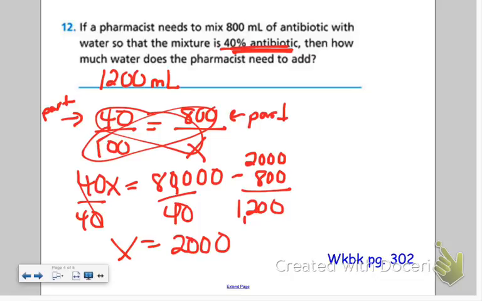Another way you could look at it is, if it's 40% antibiotic, then it must be 60% water. So maybe I'll put the 60 over 100, because 60 plus 40 gives you a total 100. 60% must be the water. Well, I guess you don't really need to do it this way. You know what? Let's scratch that.